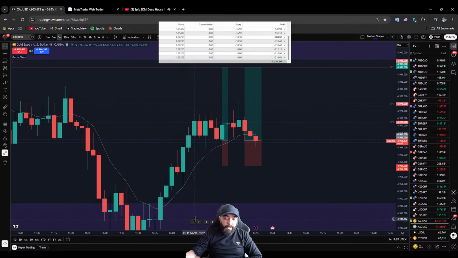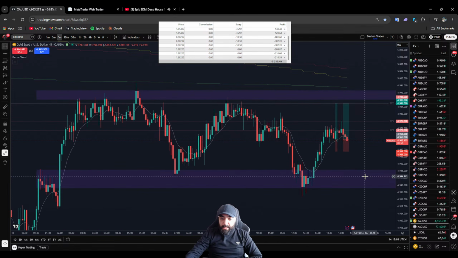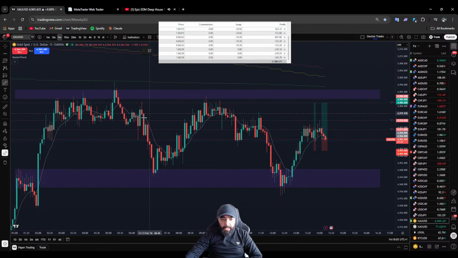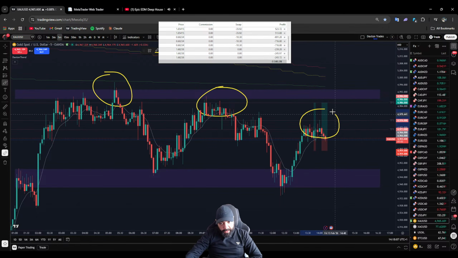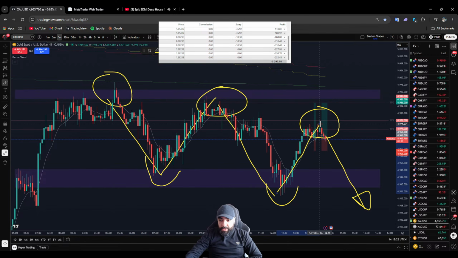I also noticed that, you can see here, this is a high, this is a lower high, I think it's a lower high too. Maybe price will shoot straight down. You see here we have a lower low and we have another lower low.